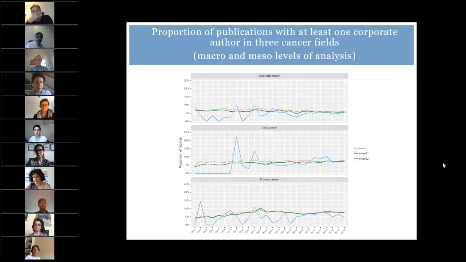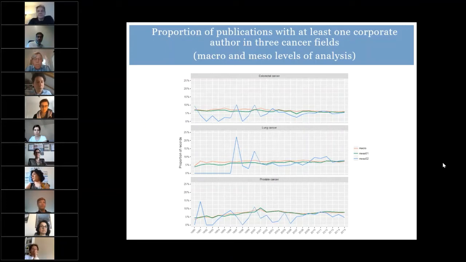What I was showing you previously there was what I call the macro level. So this is at the level of the whole cancer field. We can do similar studies looking at the meso level, which is just diagnostics, and then at an even finer grain level, which you can see in blue, which is the publications relating just to areas like early detection and screening.